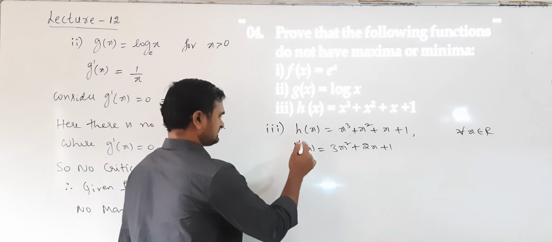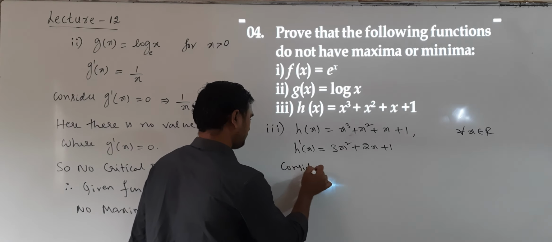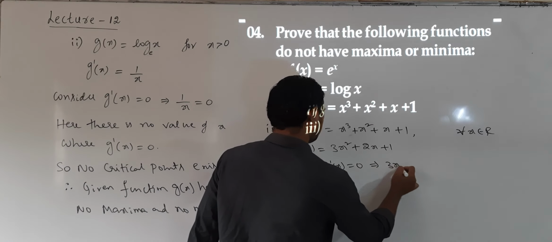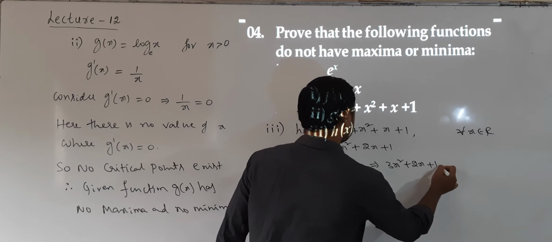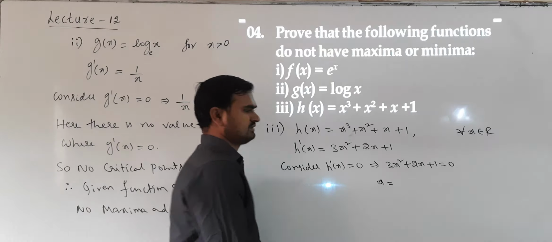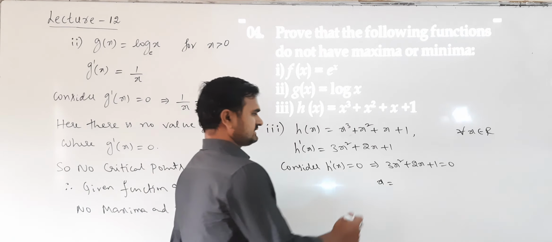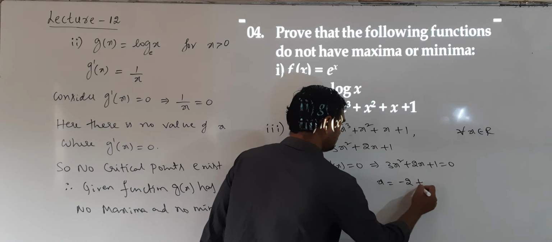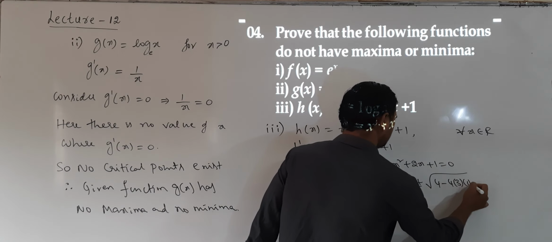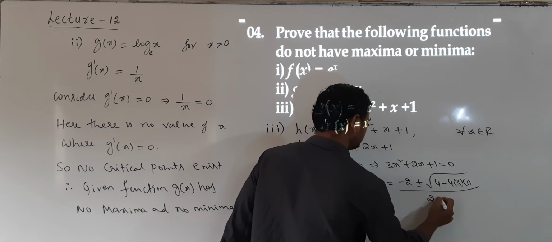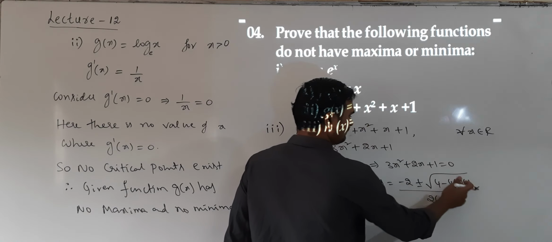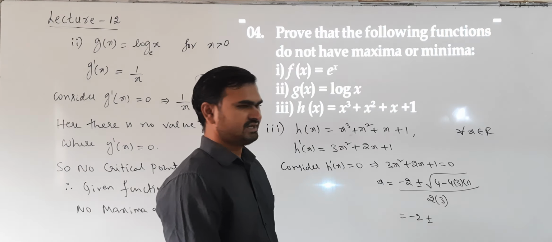So consider h dash x as 0. 3x square plus 2x plus 1 is equal to 0. So what about the x value here? Factorization is not possible. Then write this formula: x equals minus b plus or minus root of b square minus 4ac divided by 2a. So minus 2 plus or minus root of 4 minus 12, that is minus root 8.